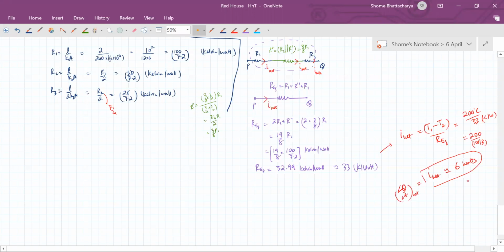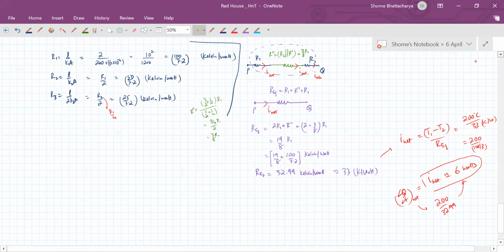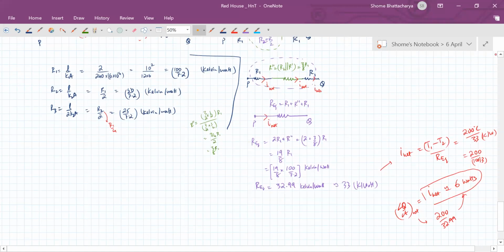This is approximate value, but it's more like 200 upon 32.99. That's approximately equal to this. Okay, now the only thing remaining is we have to find the temperature at that corner point. So I'll come to that. But note this down first.